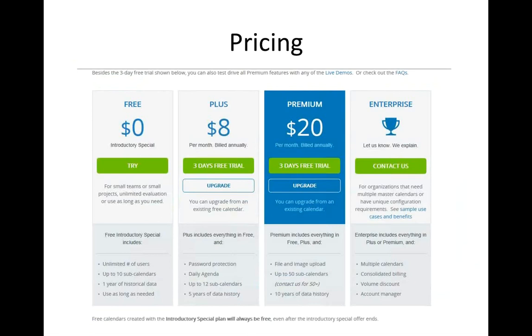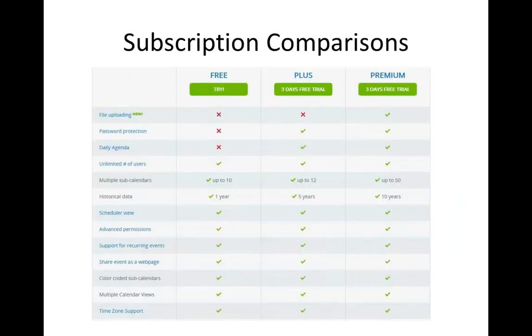You do get more flexibility, more sub-calendars, with the higher levels. We have not felt like that was something that we needed. On the teamup.com website, there are some comparisons so that you can see that almost all of the features are available across the board. File uploading is not available under the lower ends.